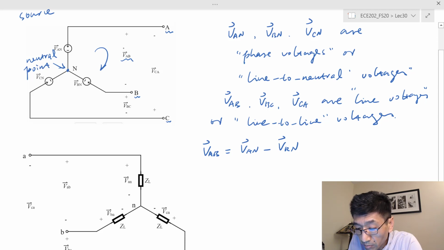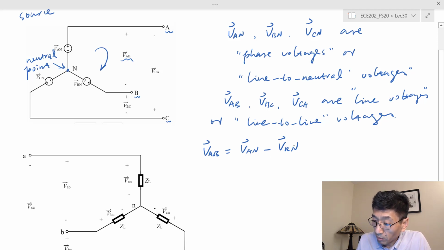That's a voltage drop, right? So that should be equal to voltage rises, and the VBN, that's a voltage drop. So therefore, negative VBN is a voltage rise, and VAN, following the direction from minus to plus, is a voltage rise. So VAN plus negative VBN, or VAN minus VBN.